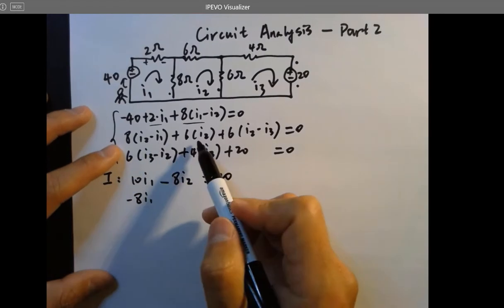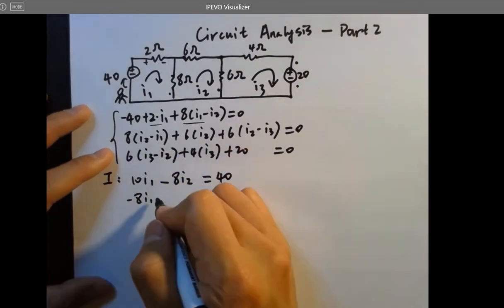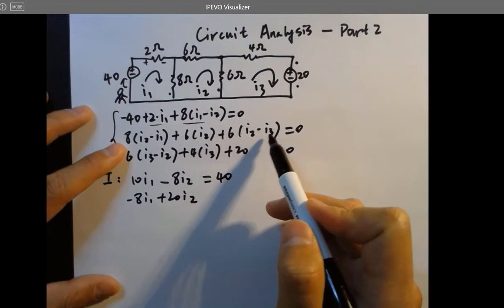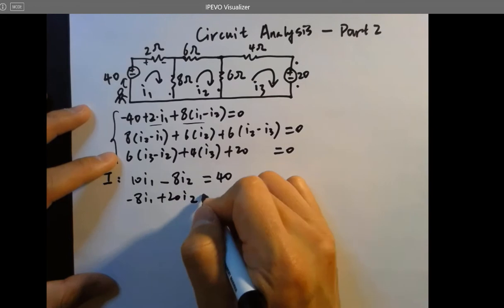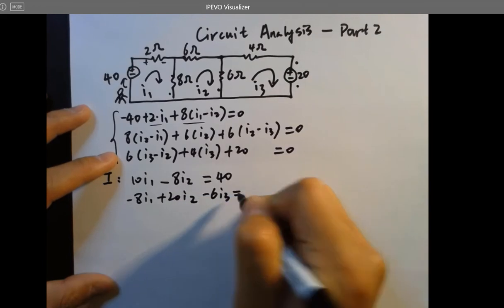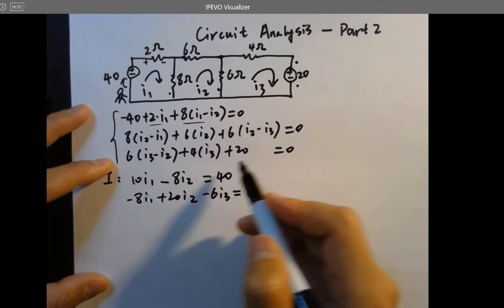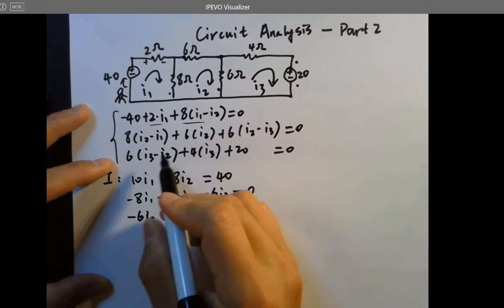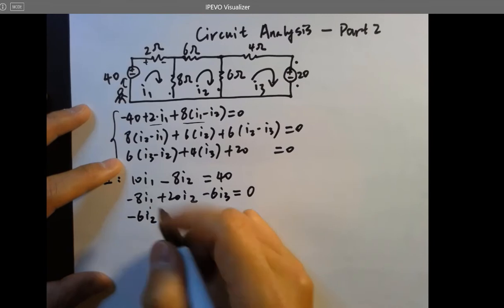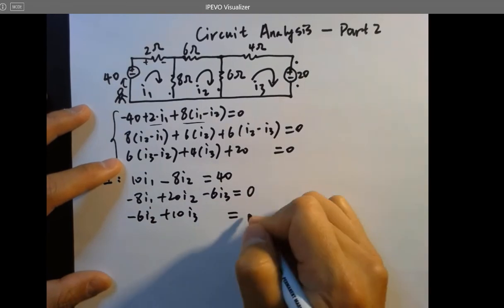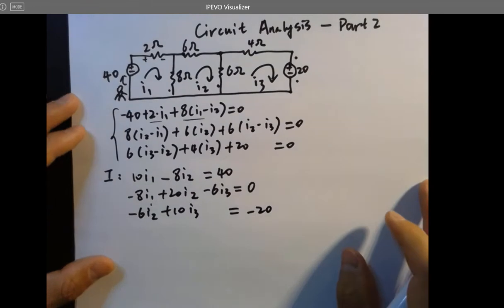And then I2, it's 20 I2, and minus 6 I3 equals 0. The third one, no I1, and then minus 6 I2, 10 I3, and equals minus 20. So these are the three equations.